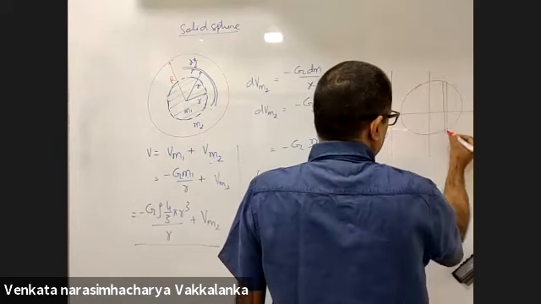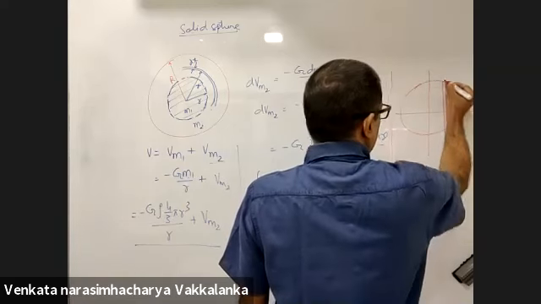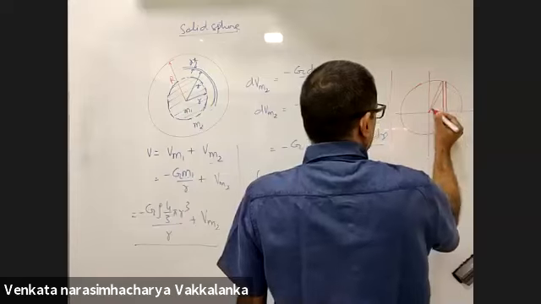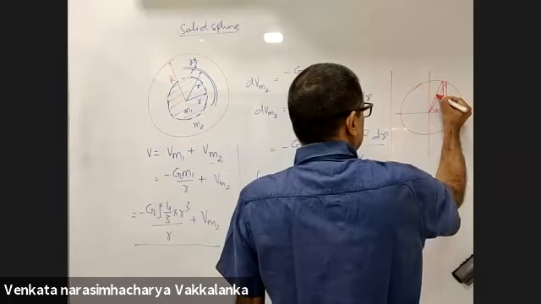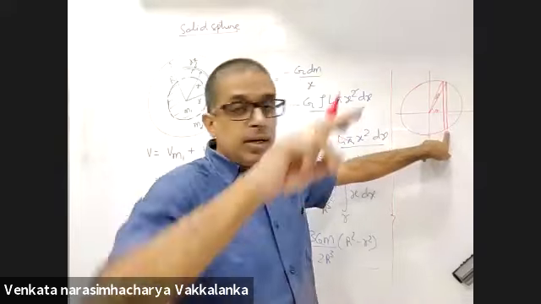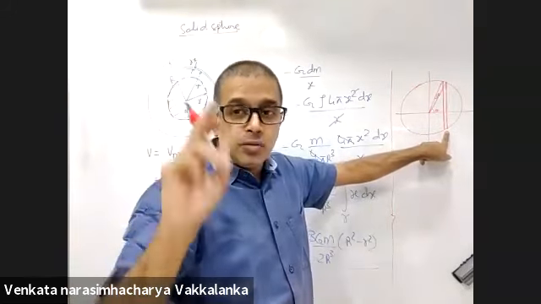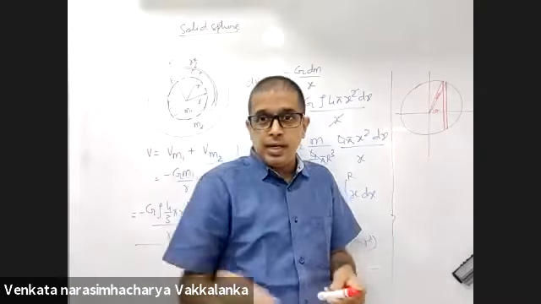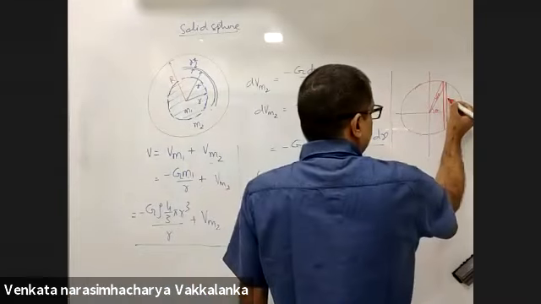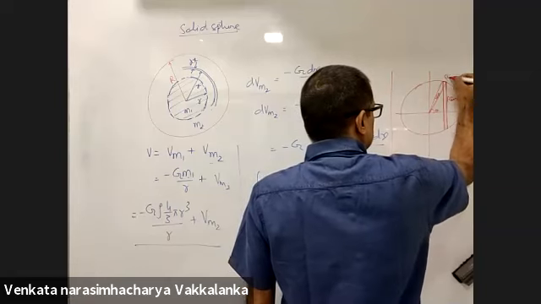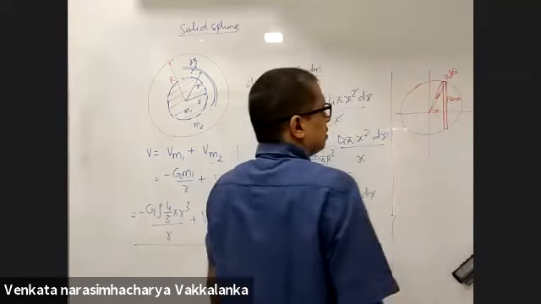Consider a thin shell, thin ring. If this is theta, this is d theta. I'm taking a sphere. How will you calculate the surface area of a sphere? Consider an elemental ring. Radius of the ring is r sin theta. Thickness is r d theta.